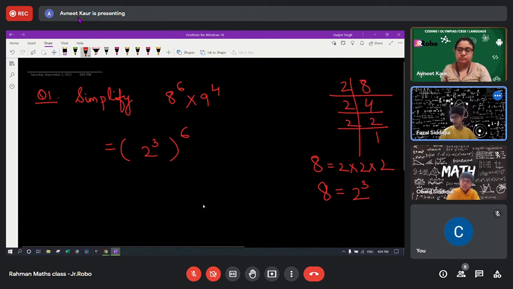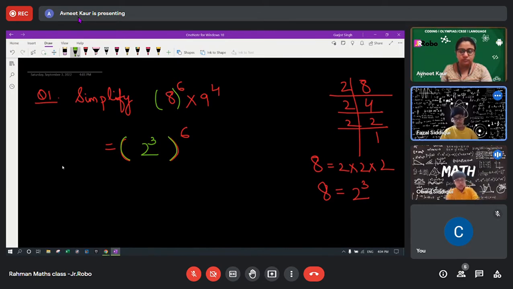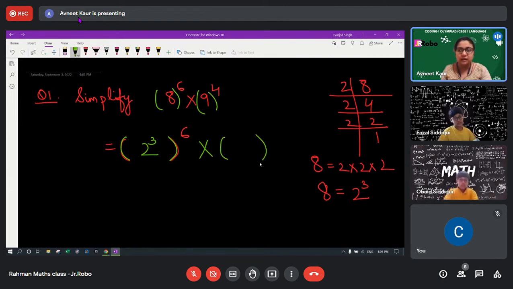So what I'm going to do is, in place of 8, I'm putting the brackets and writing 2 raised to power 3. Is it fine? Yes. And similarly, in place of 9, I am putting the brackets and the power 4 as it is. How could I write 9? 3 raised to the power 2.